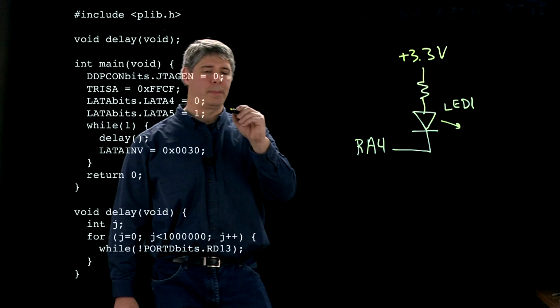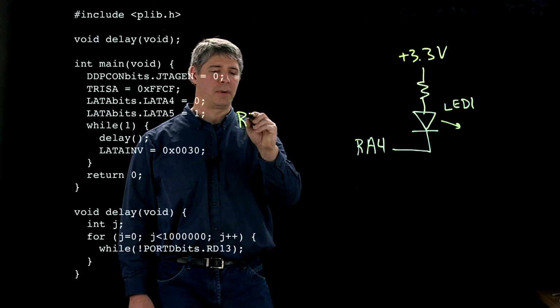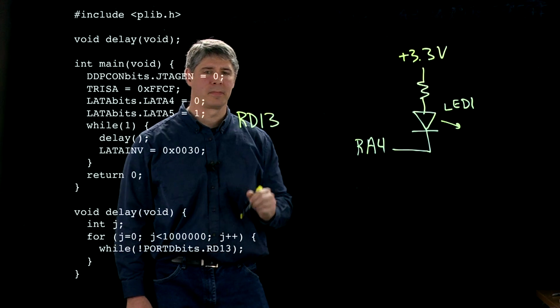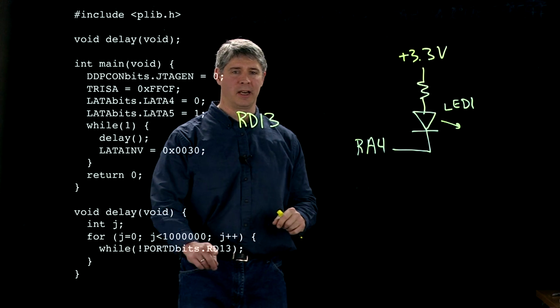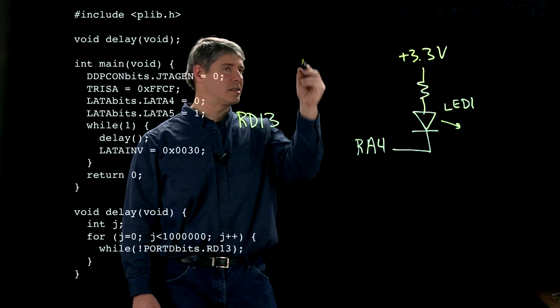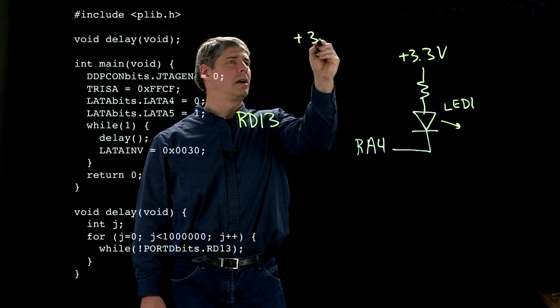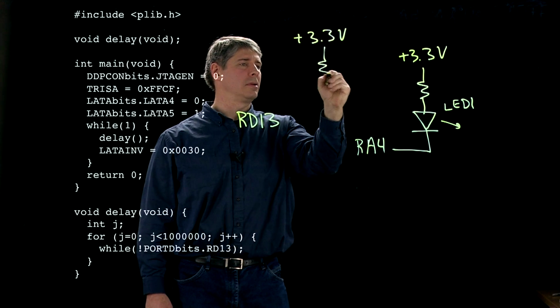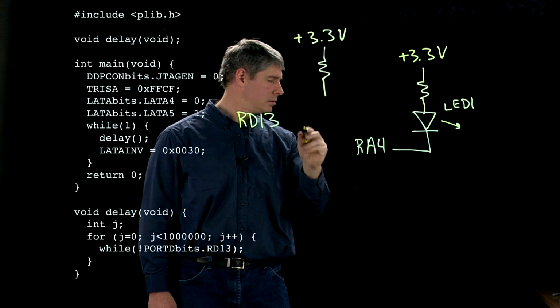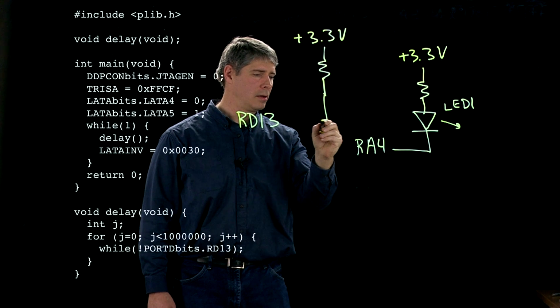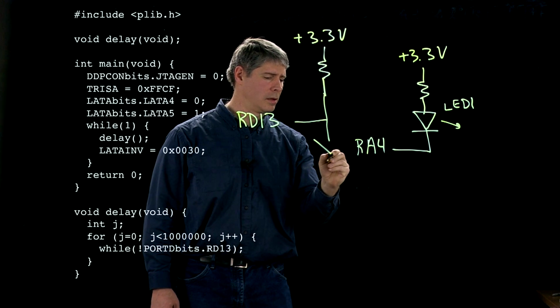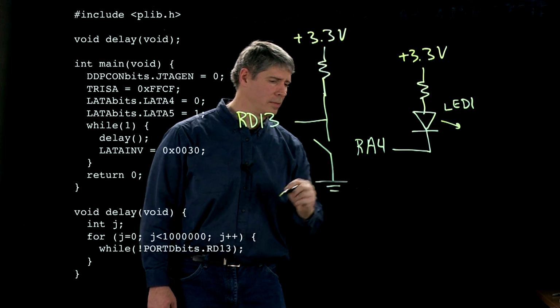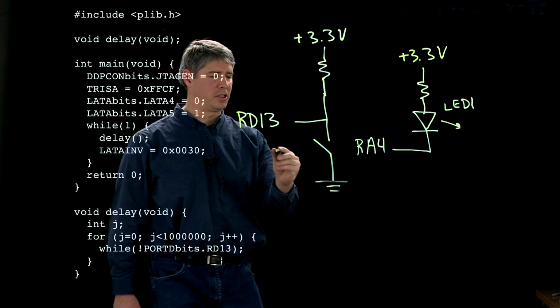And then finally, pin RD13, which corresponds to the digital input that we're checking down here, is connected like this on the Nu32. Okay, so this is the user button.